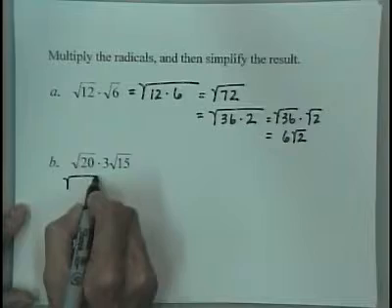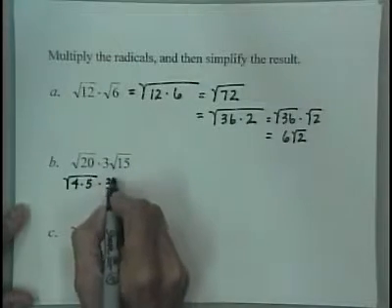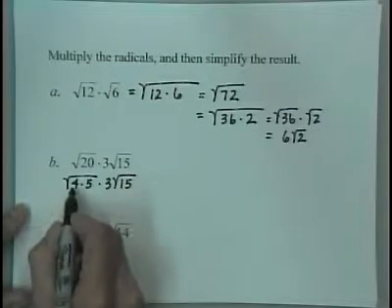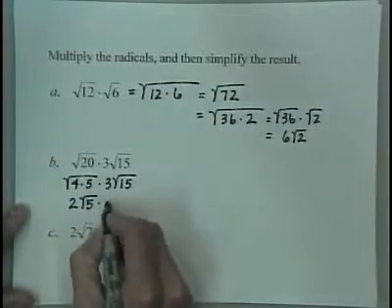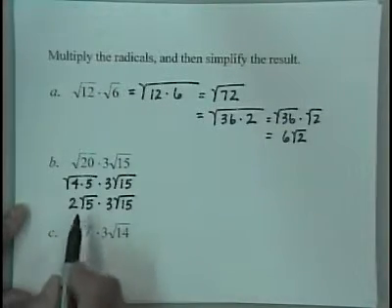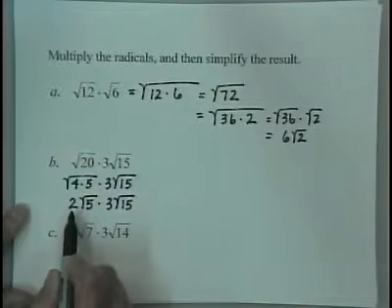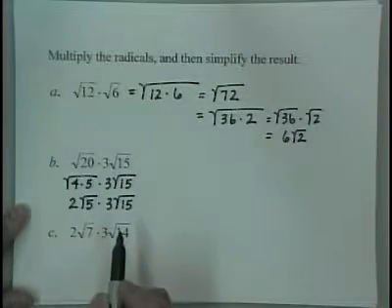I'll consider the square root of 20 to be the square root of 4 times 5, and take the square root of the 4, which is 2, and now my multiplication problem reads 2 square roots of 5 times 3 square roots of 15.